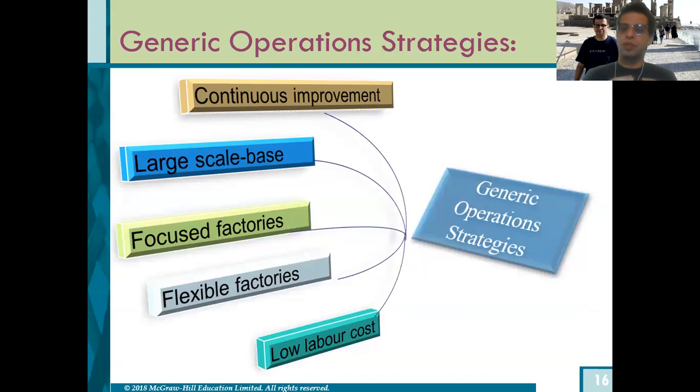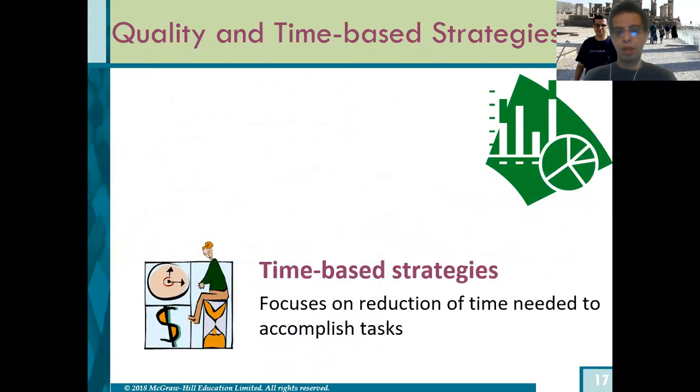Now, there are generic operation strategies, which could be continuous improvement, going for a large scale base, focus factories, flexible factories, and low labor costs. These are generic operation strategies that you want to improve as much as possible through continuous improvement.